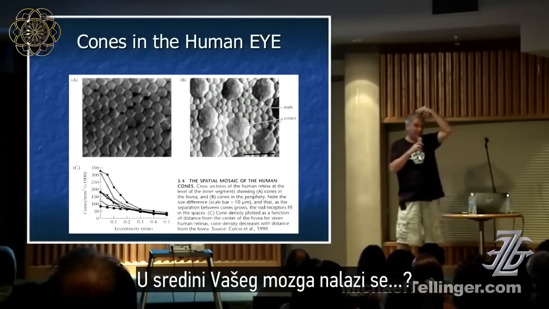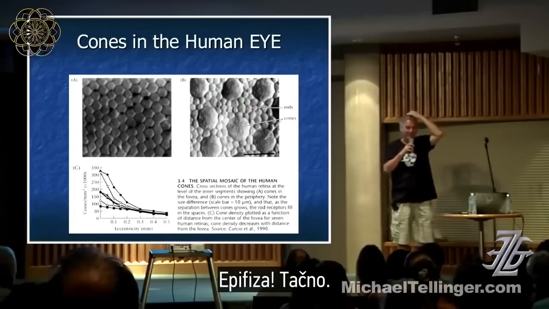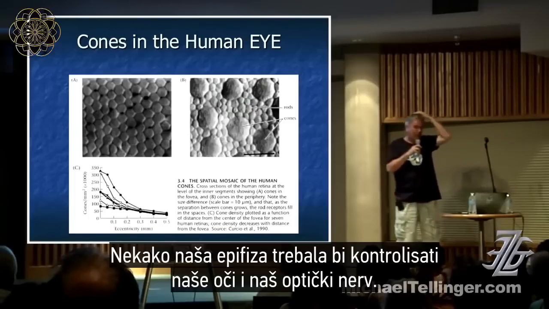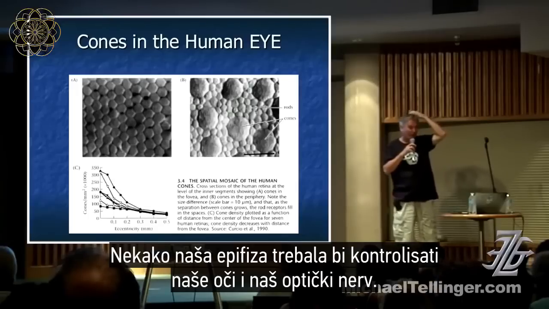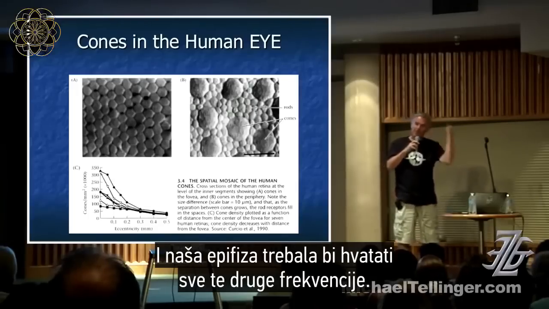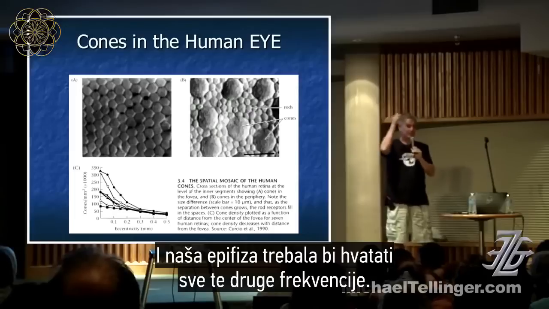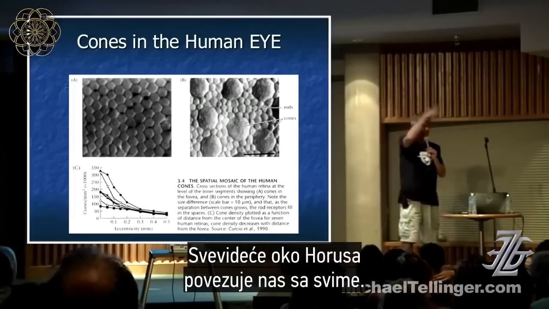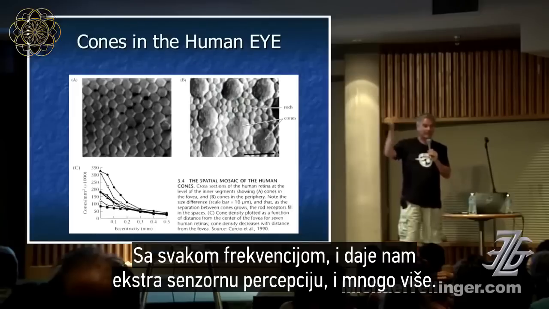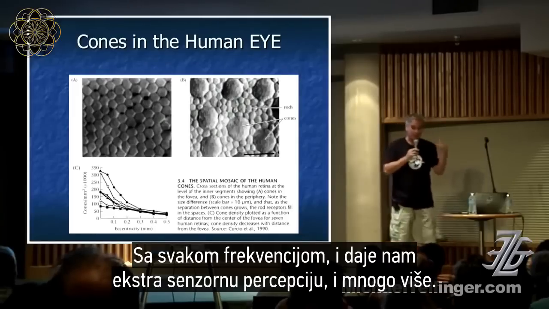Right in the middle of your brain is your pineal gland. Correct. So somehow our pineal gland should be controlling our eyes and our optic nerve. And our pineal gland should be picking up all these other frequencies, the all-seeing eye of Horus, connecting us to everything, every frequency, and giving us ESP ability and much more.